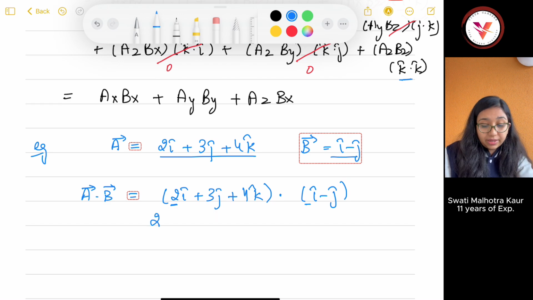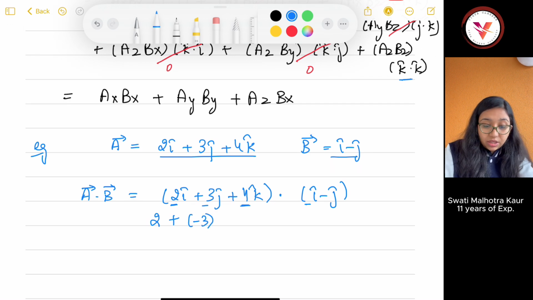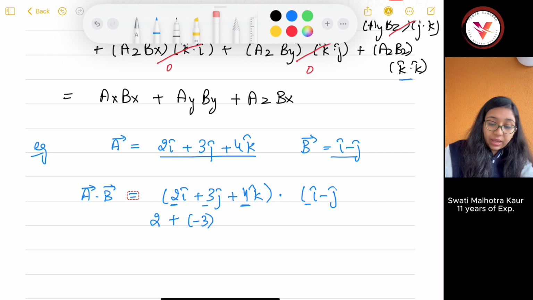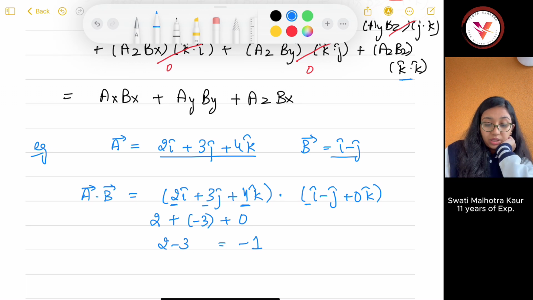You don't have to put I cap, J cap, simply plus. Then plus 3 into minus 1 gives you minus 3. Plus 4, there is no K, that means you have 0 K cap here, so you get 0. So it gives you 2 minus 3, which equals minus 1. It could be negative, okay? So it is like this.